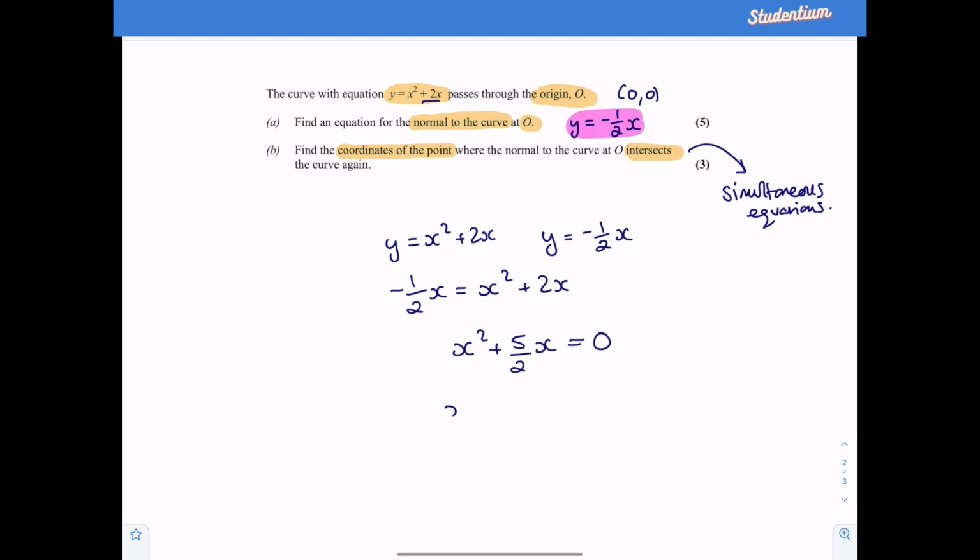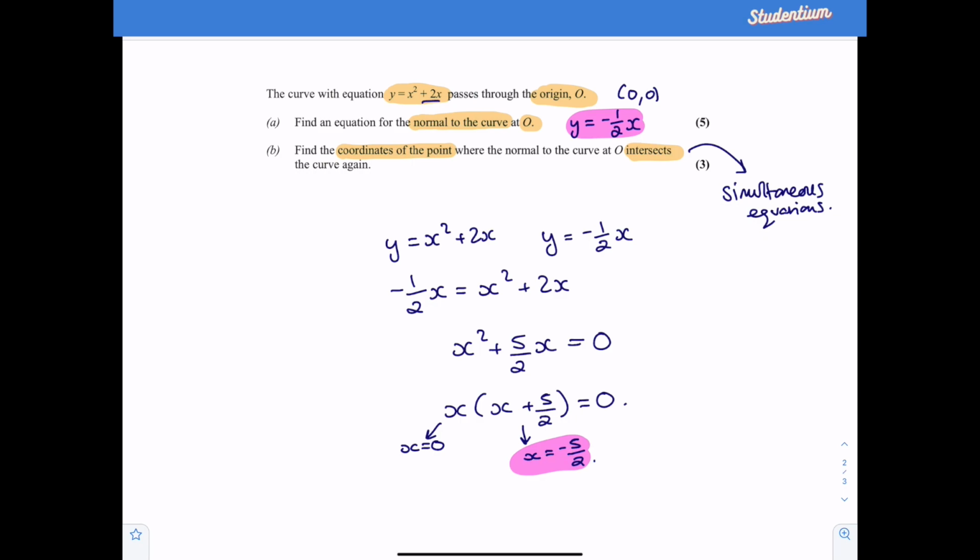Now I can factorise this, and I get x(x plus 5 over 2) equals 0. If I solve this now, I can see that I have x equals 0, which is what the origin was, and I also have x equals minus 5 over 2. So the x coordinate in this case is going to be x equals minus 5 over 2.